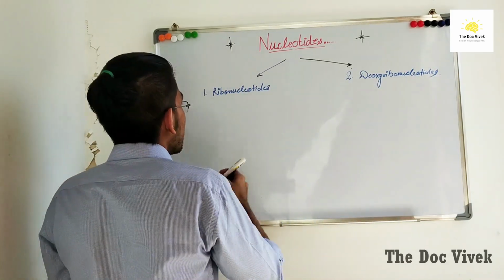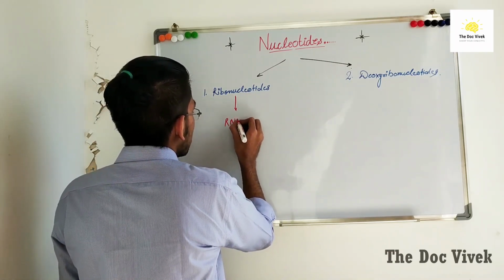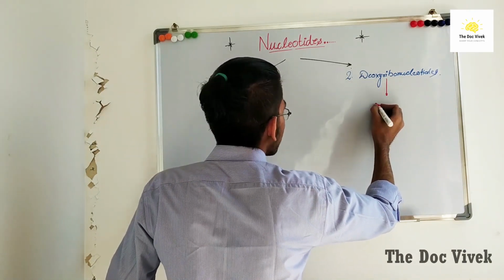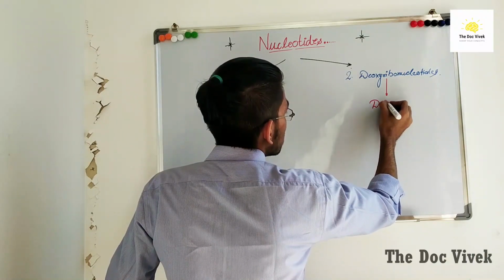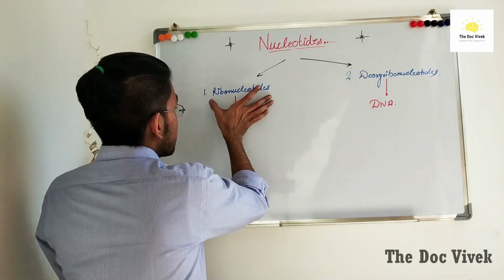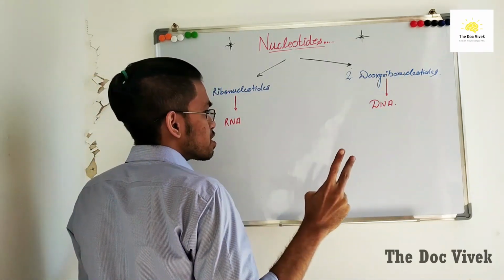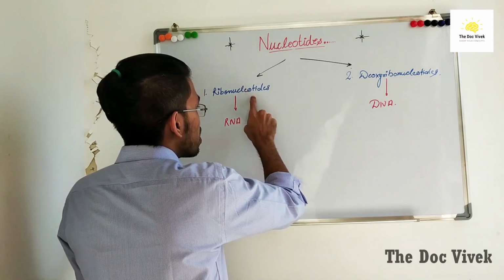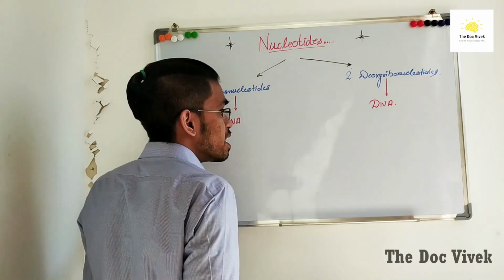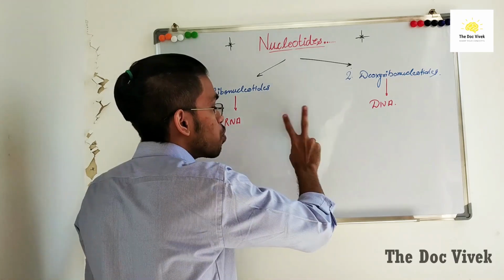Ribonucleotides, when polymerized, result in the formation of RNA, and deoxyribonucleotides result in the formation of DNA. Difference between ribonucleotides and deoxyribonucleotides: there are two differences. First one is the sugar included in the ribonucleotides and deoxyribonucleotides, and also the nitrogenous base. One nitrogenous base is different in both.